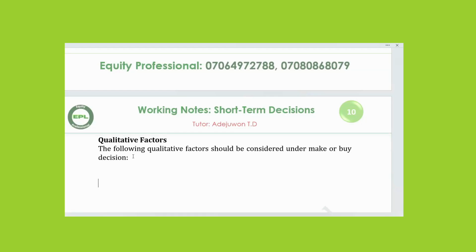If you don't know how to produce, if you don't know the mix of your product, how will you be able to produce? So you need to consider whether the company has the requisite in-house technical know-how or expertise. Under make or buy, the qualitative factors are more like questions, asking pertinent questions.